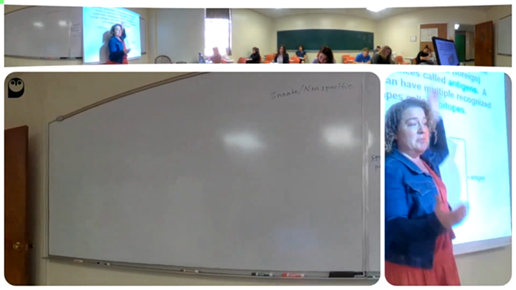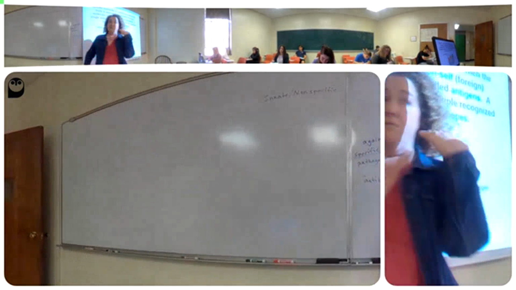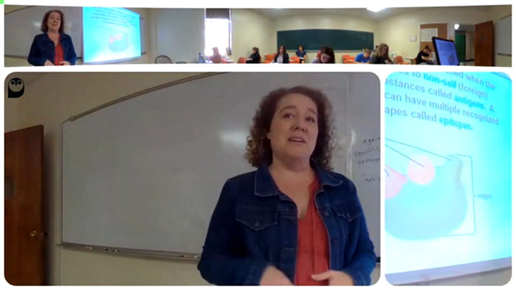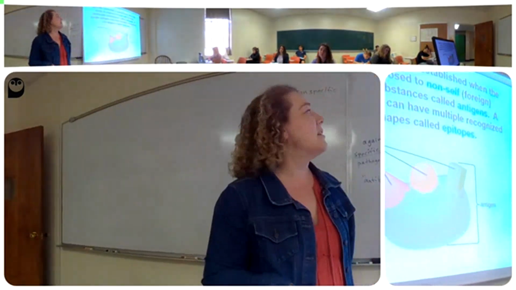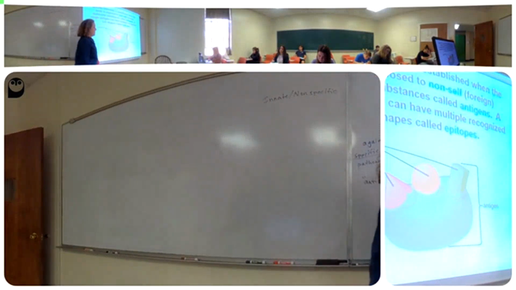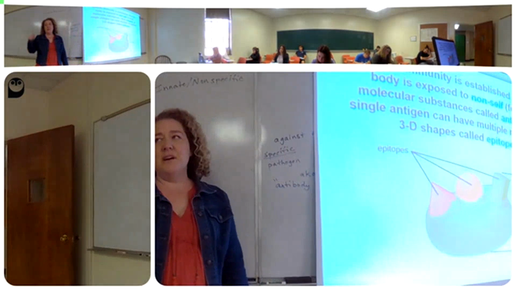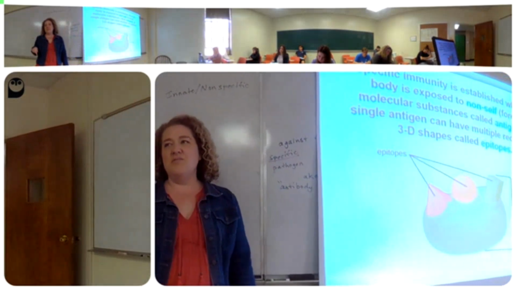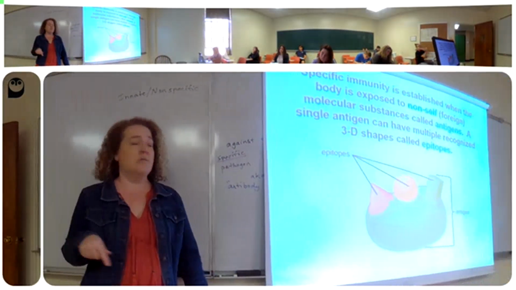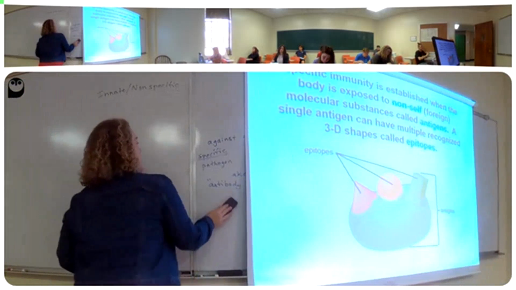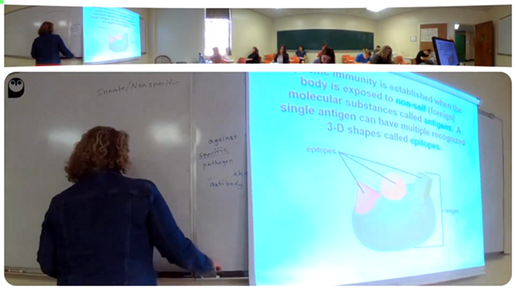There's this concept in the immune system of you've got your self shapes and then you've got your foreign shapes that are not part of yourself. And we call those shapes antigens. If you've not been in AP2 yet, antigen might be a new word. What an antigen is, is just a small 3D shape.